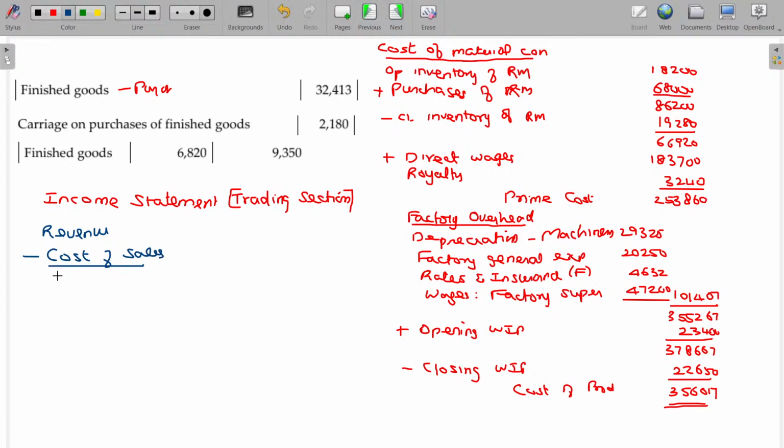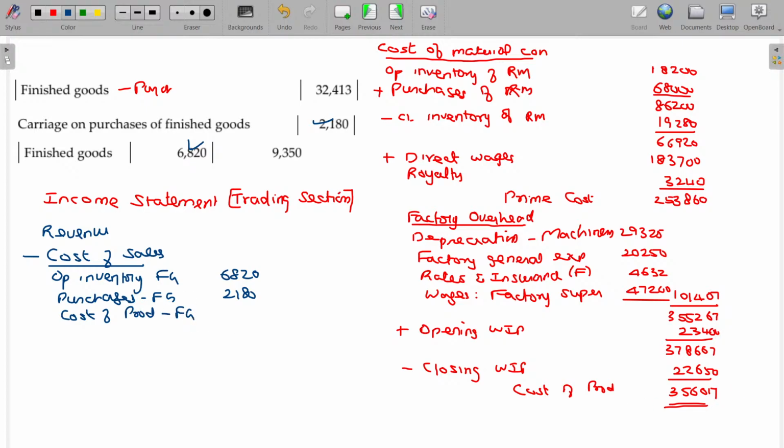So in cost of sales, opening inventory of finished goods 6,820. Purchases of finished goods 2,180. And cost of production, the finished goods produced by ourselves.